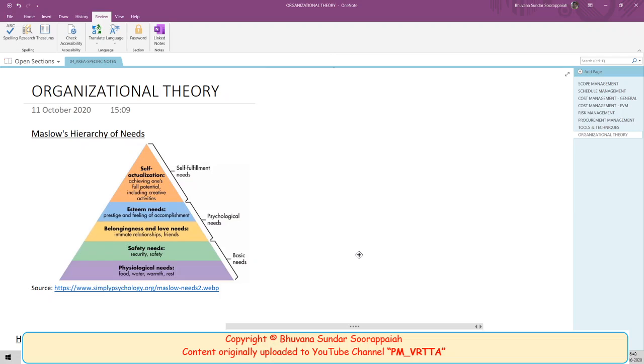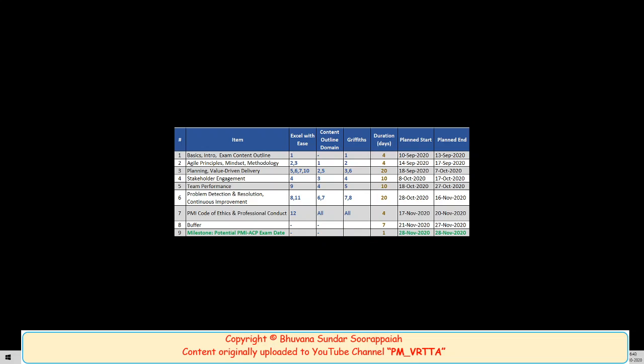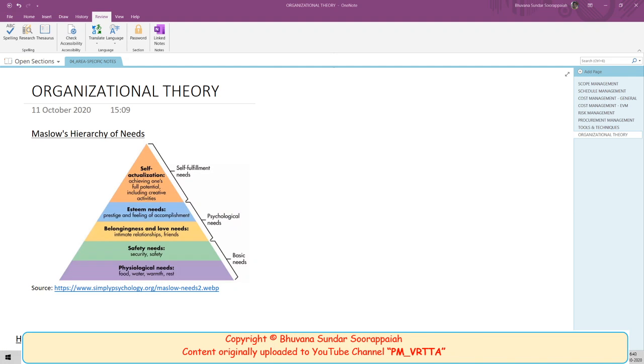The first and most famous and most talked about organizational theory is Maslow's hierarchy of needs.